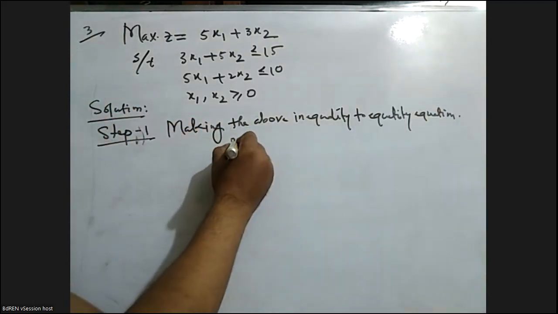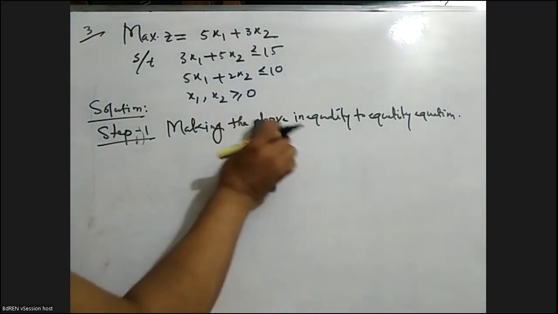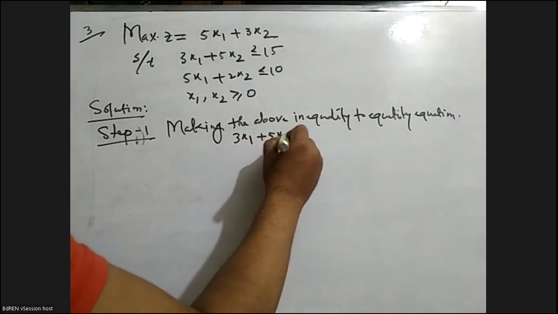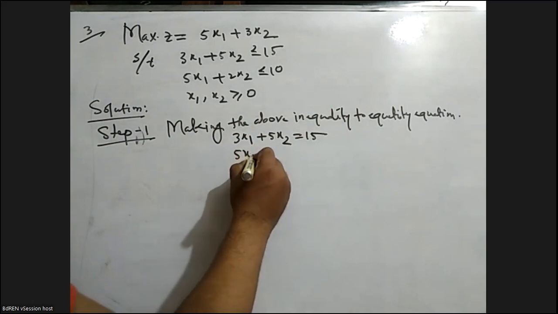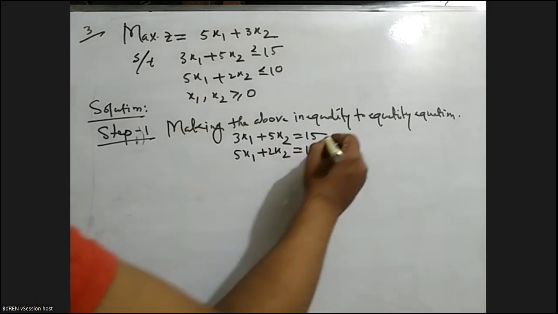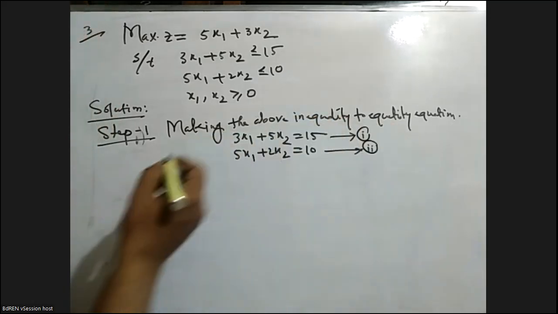We get 3x1 plus 5x2 equals 15, and 5x1 plus 2x2 equals 10. This is equation number 1 and this is equation number 2.